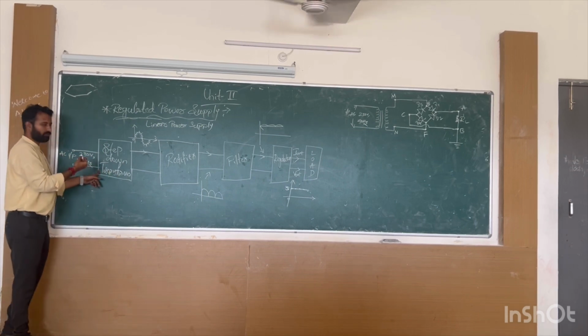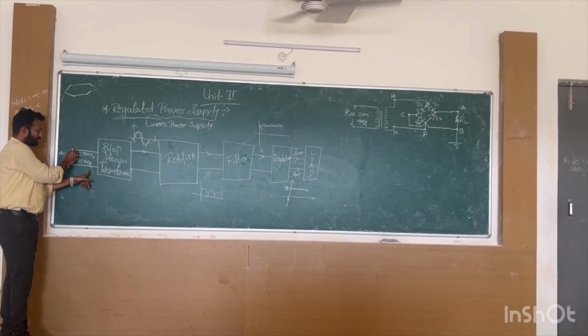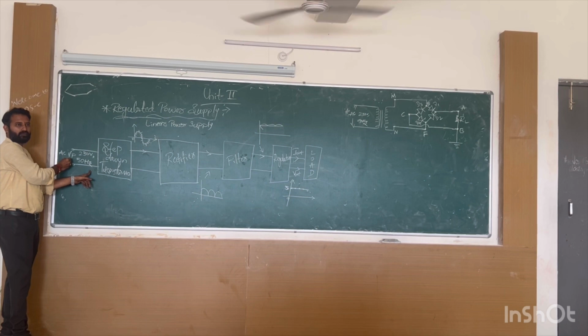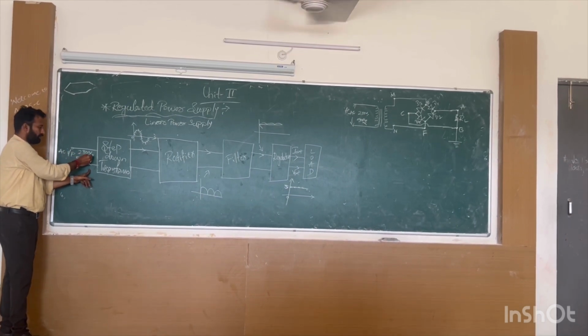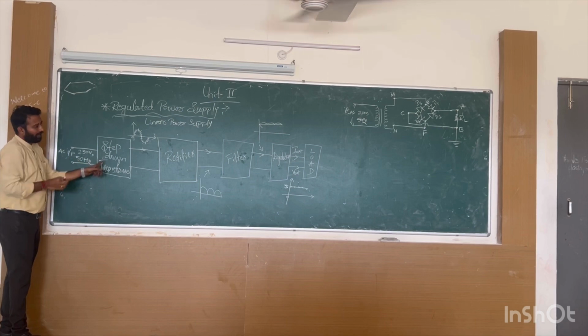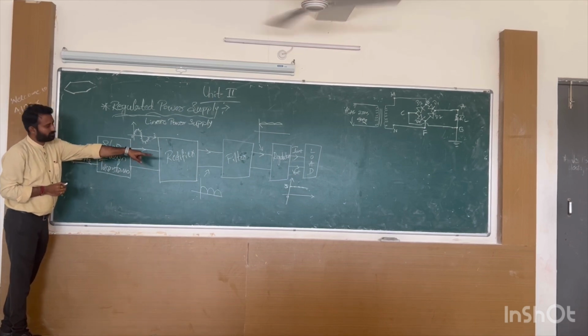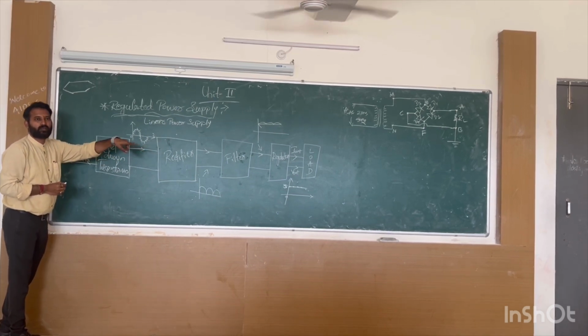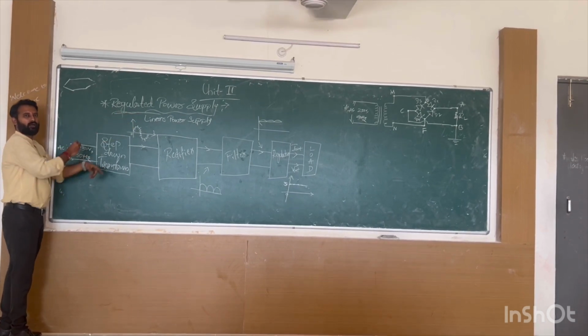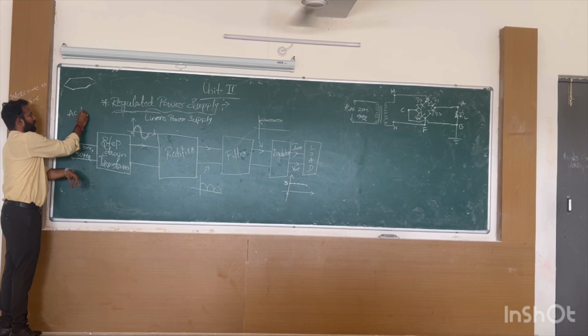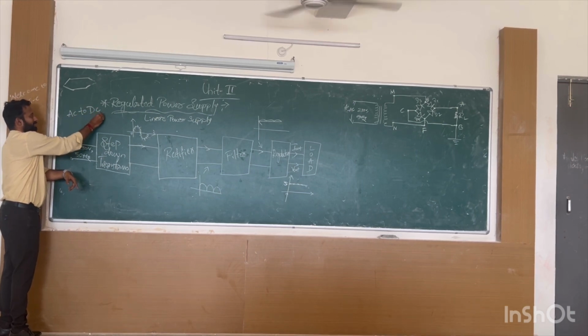Focus here. Listen carefully. What is my input? AC, alternating current. How much is it? 230 volt, 50 hertz supply. I am getting a DC output, that is your constant output. The work of a regulated power supply is the conversion of AC to pulsating DC.